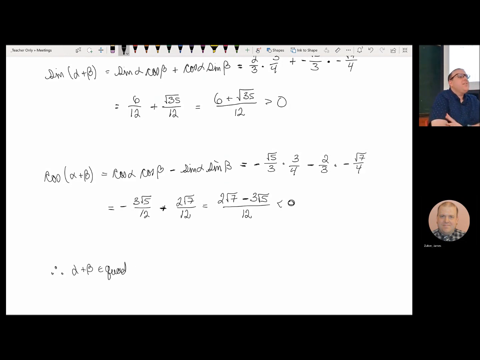So where are we located? Quadrant 3. You shouldn't be guessing. The answer's staring you right in the face. Negative.